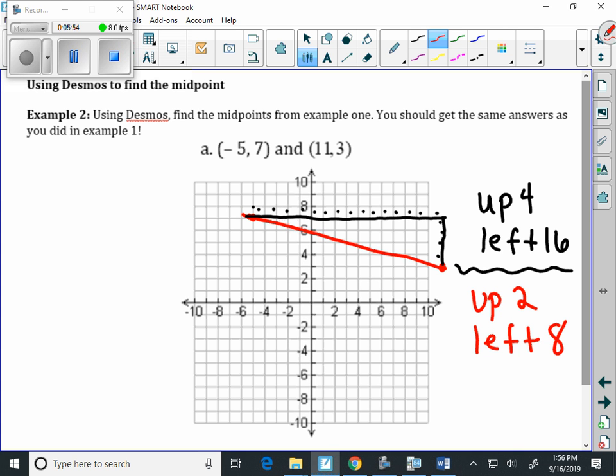So you start from the lower point here. So we're going to go up 2, 1, 2, and then we're going to go left 8. 1, 2, 3, 4, 5, 6, 7, 8.